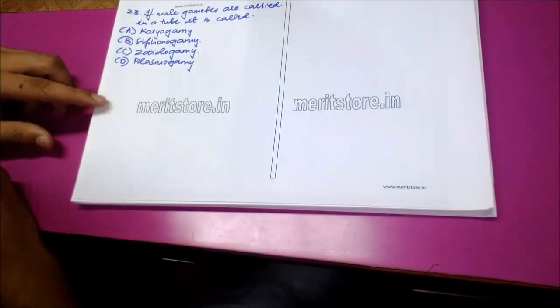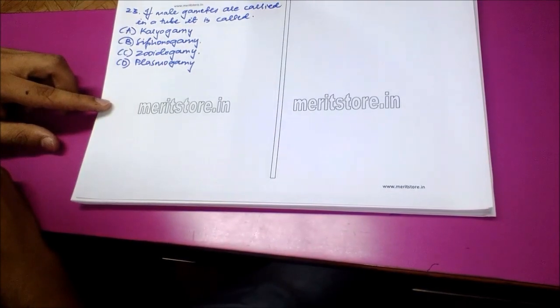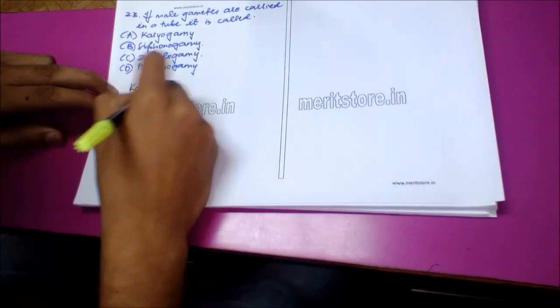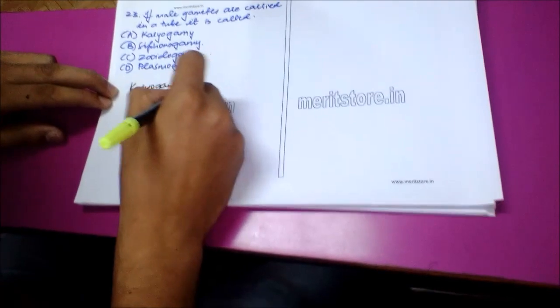synergids. Next question is, if male gametes are carried in a tube, it is called option A, karyogamy, option B, siphonogamy, option C, zooidogamy, and option D, plasmogamy. Karyogamy denotes the fusion of two nuclei.